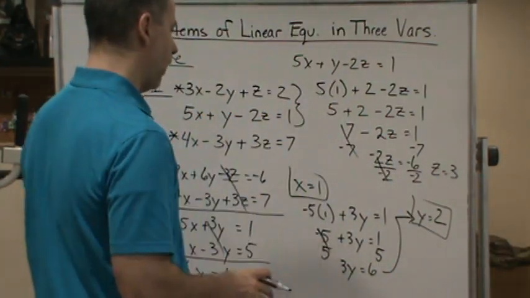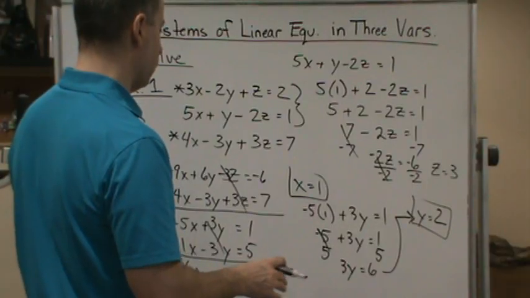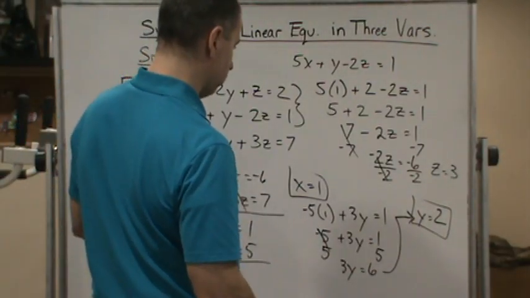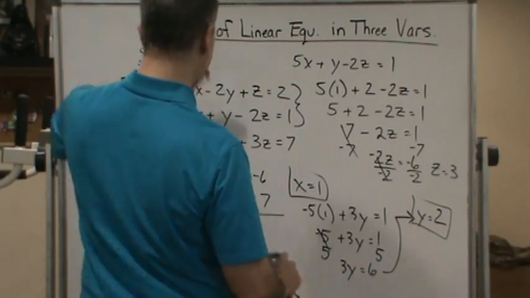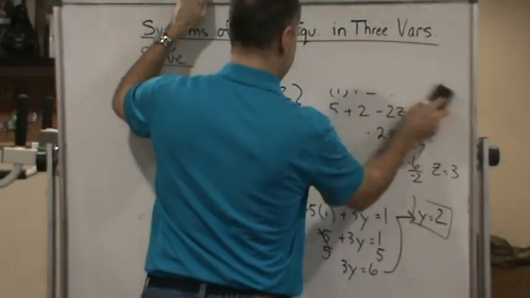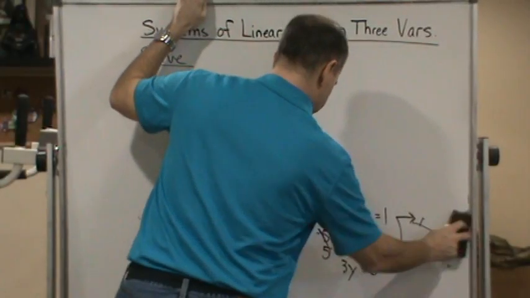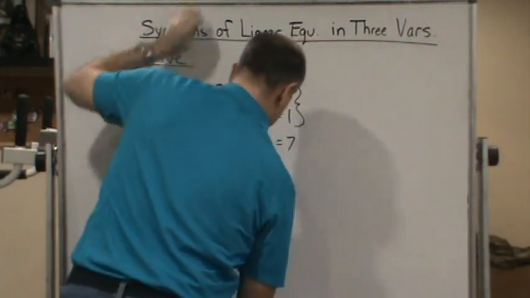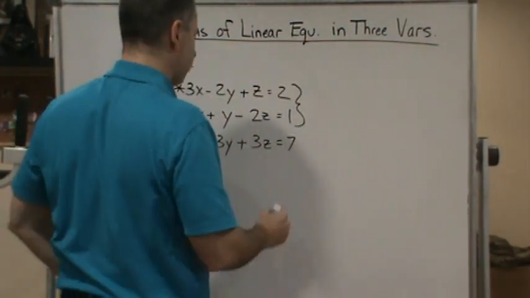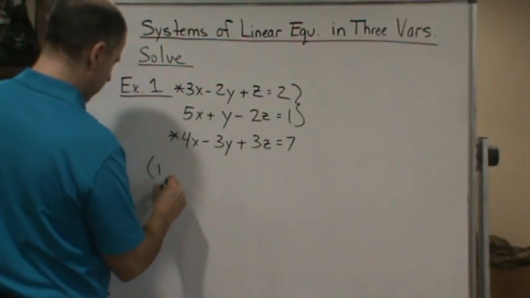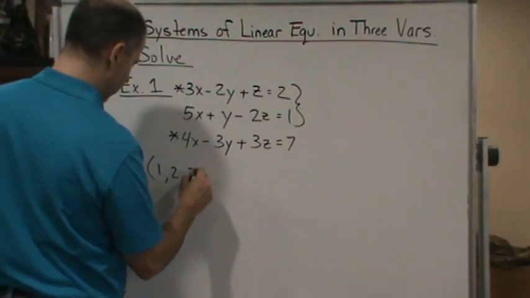And so now my ordered triple, I'm done. My ordered triple is 1, 2, 3. All right, so now, how would I write my solution? My ordered triple is 1, 2, 3.